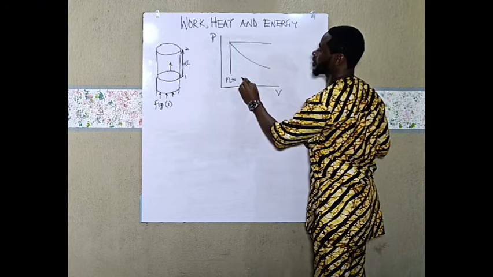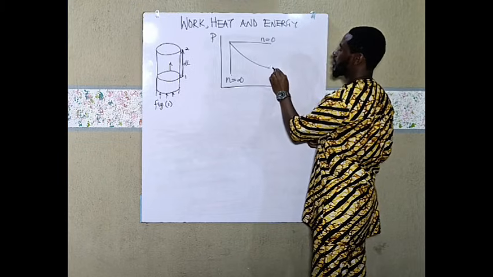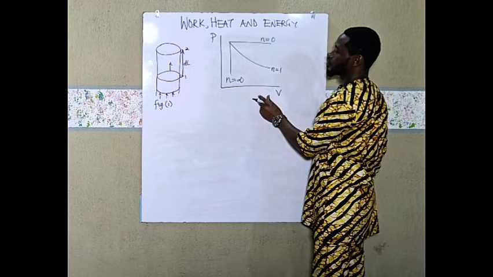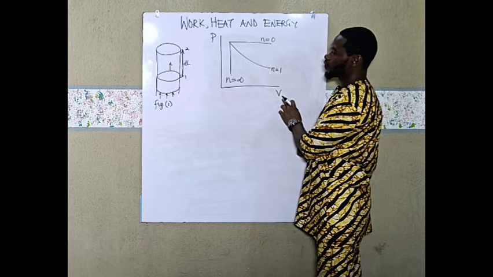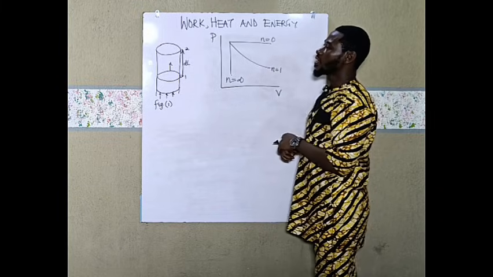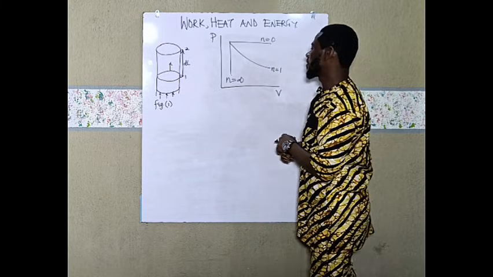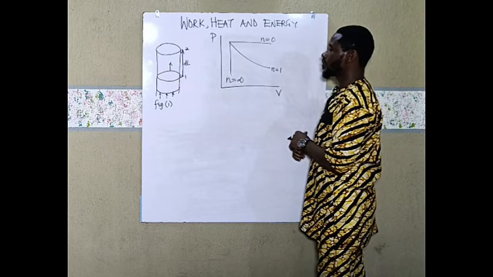Here n is infinity. Here n equals 0, and here n equals 1. At n equals infinity, we have a constant volume process. At n equals 0, we have an isobaric process. And when n equals 1, we have an isothermal process.